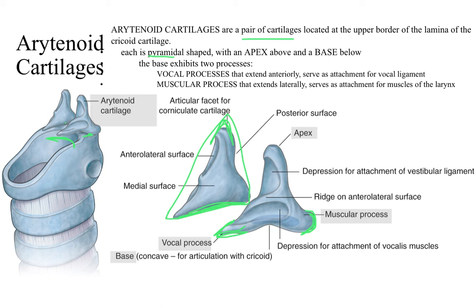All right, the anterior end is referred to as the vocal process, and we'll see how that works when we get to actually how vocalizations are made. And the back is referred to as the muscular process. The vocal process is going to be attached to the vocal cords, whereas the muscular process is going to be attached to muscles. So when muscles contract, they're going to move this end, which is going to put tension on the anterior end.